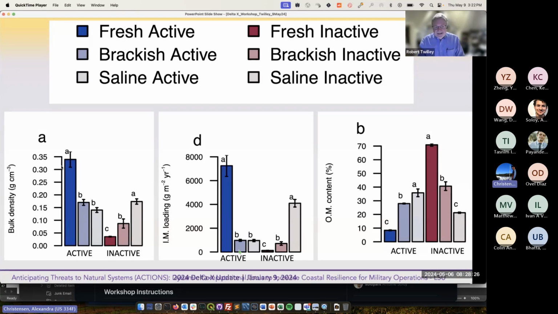And the highest bulk density in the active, obviously, is in the deposition in the Wax Lake Delta region. That's your high bulk density. Whereas in your inactive delta, the freshwater sites are floating marshes with very little bulk density. And actually, the bulk density increases as you go down the salinity gradient. And if you look at inorganic matter loading, again, the highest inorganic deposition is in the fresh zone of the active, but it's actually in the salt zone in the inactive.